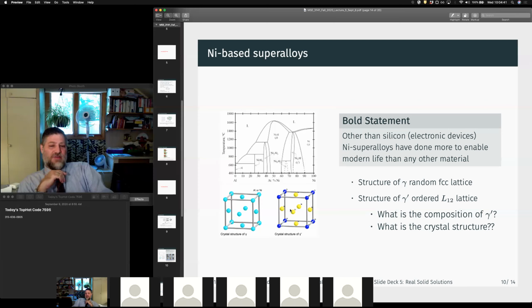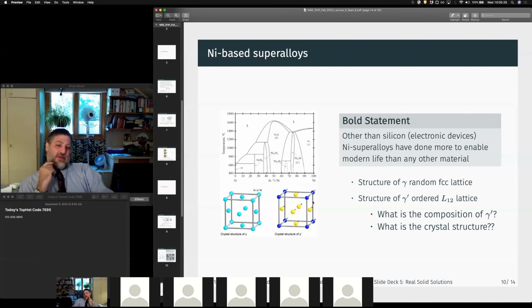We can think of this as a simple cubic crystal, where our lattice points are the corners, and our motif at each lattice point is 1 aluminum atom plus 3 nickel atoms. That motif is endlessly repeated at each corner. So this L12 lattice can really be thought of as a simple cubic crystal, and it's called a superlattice.